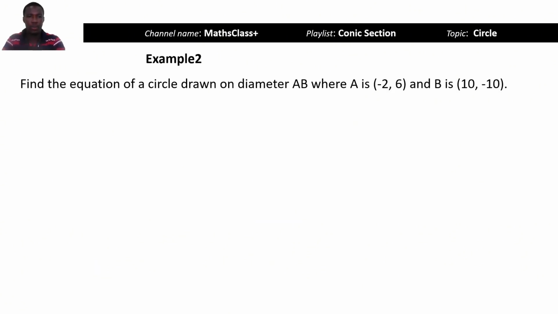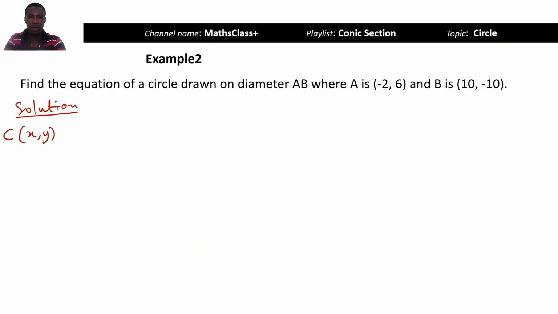Another example. Find the equation of a circle drawn on diameter AB where A is (negative 2, 6) and B is (10, negative 10). Okay, so we also assume a third point. That is the point where we subtend an angle of 90 degrees from the ends of the diameter. So if we label that as C, then our C is (x, y).